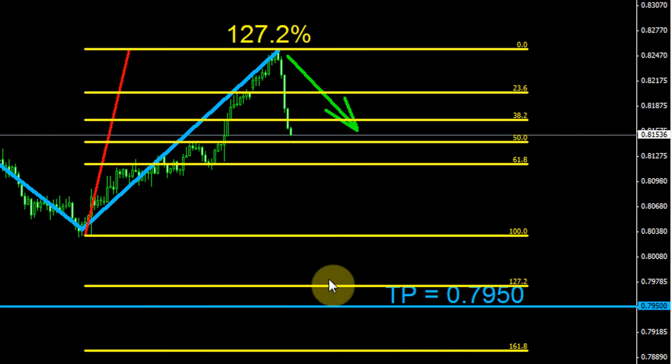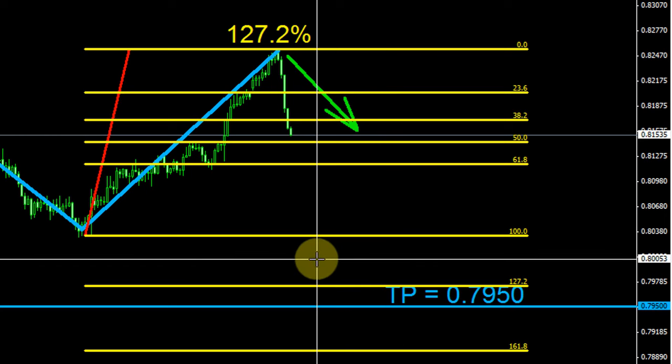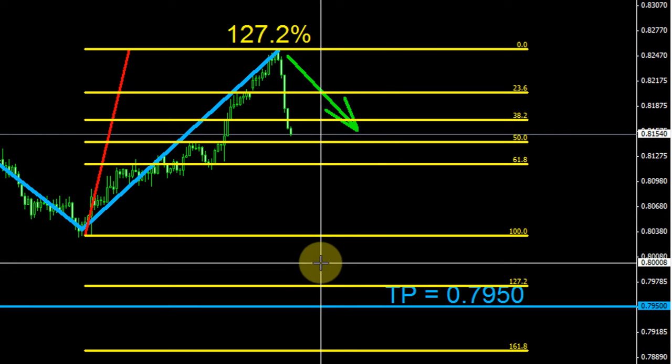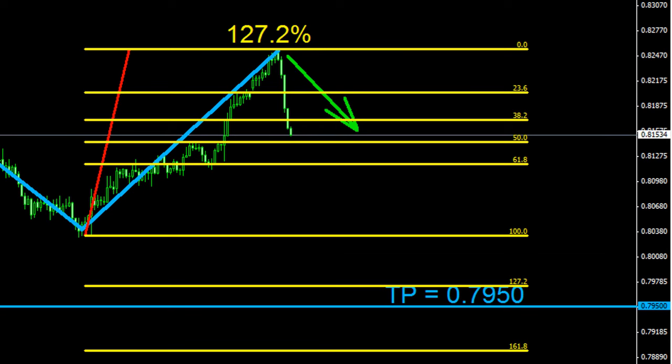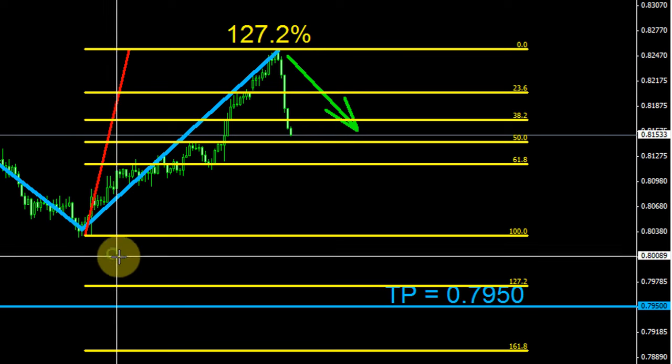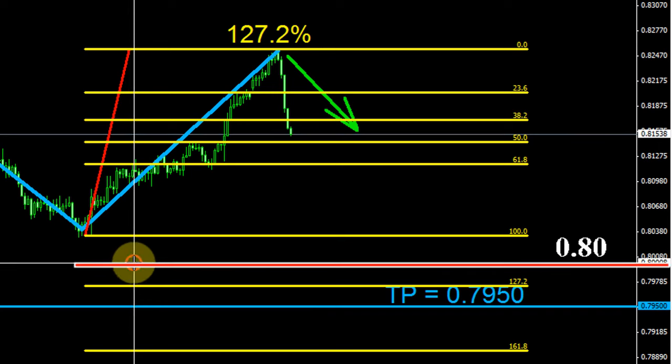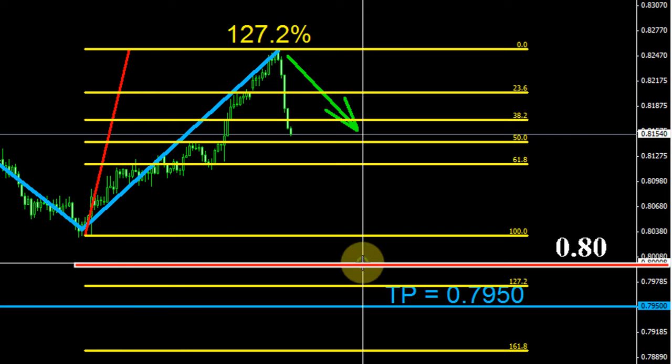But in our case, we have a very strong support level, 0.80, which the price has not been able to surpass two times already. So it is quite a strong bet that we will go through this level, and that's strong enough already.